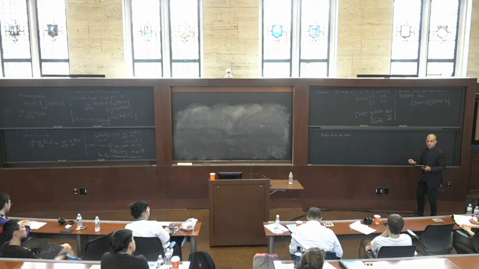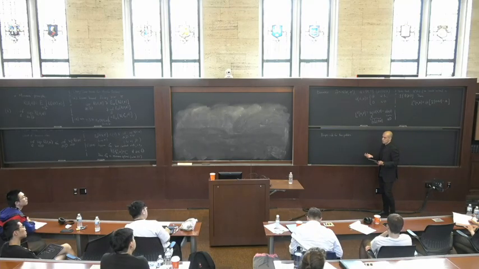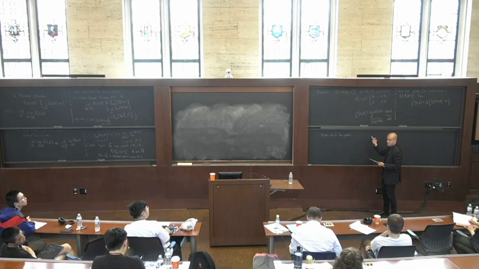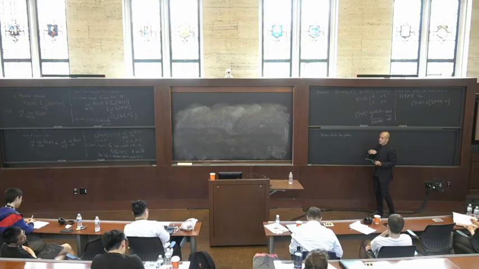Questions so far? Everything good? Perfect. So I'm just going to try to figure out what's the rule that maximizes expected utility. I have to pick a prior, so I'm going to pick a prior. I'm free to pick whatever I want.